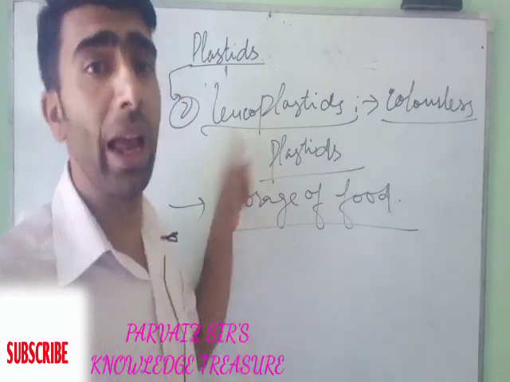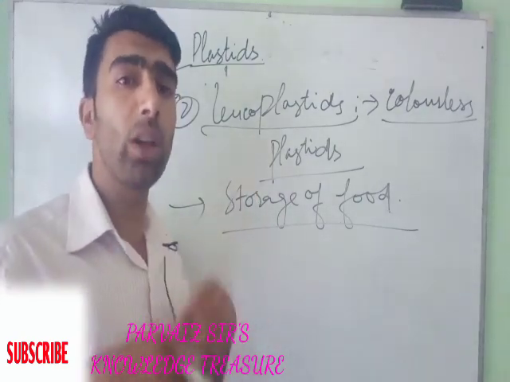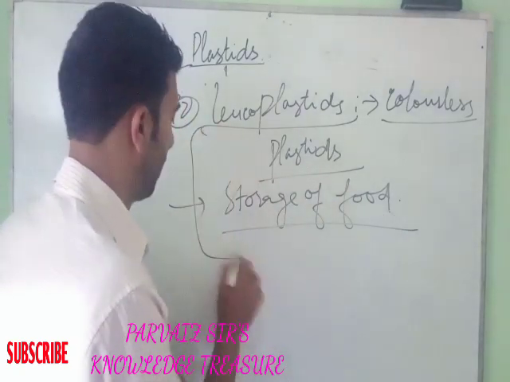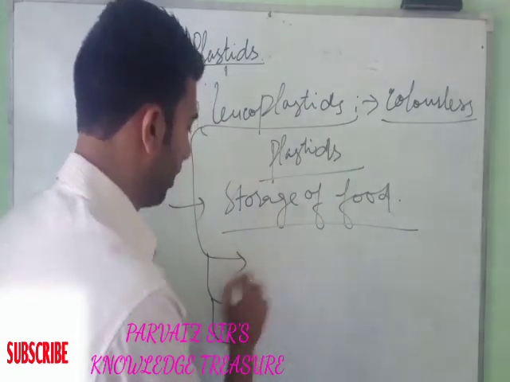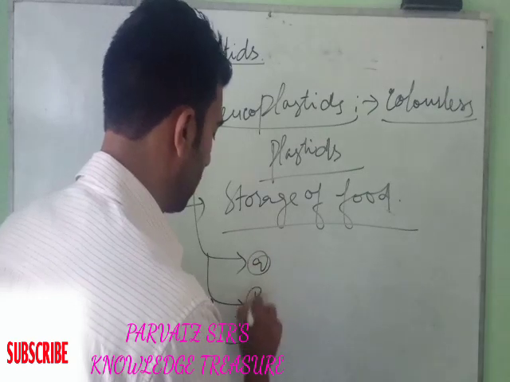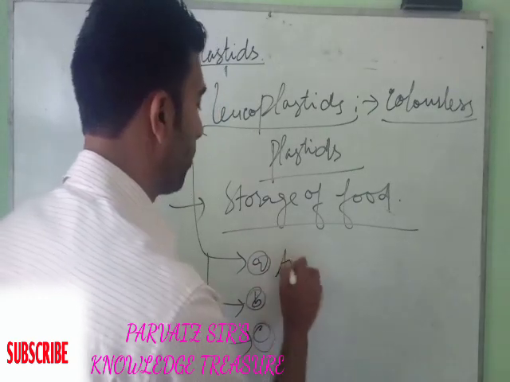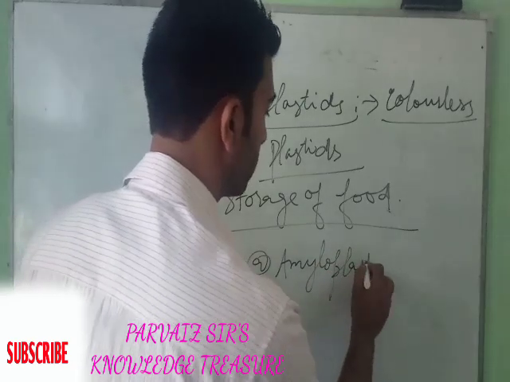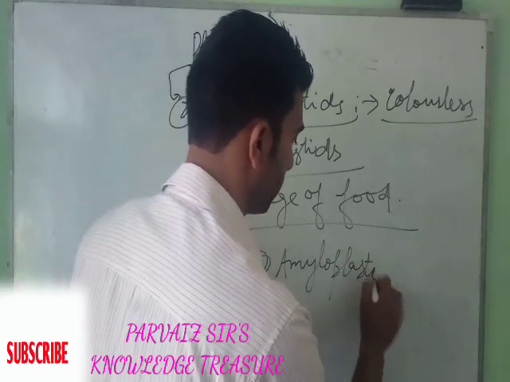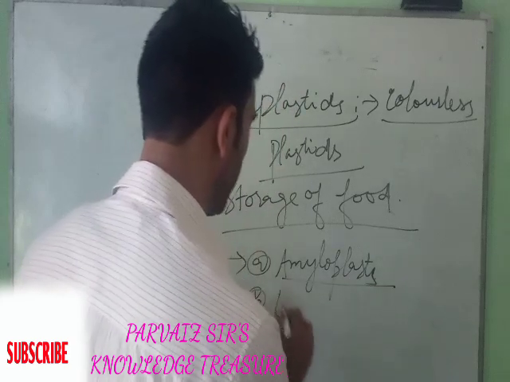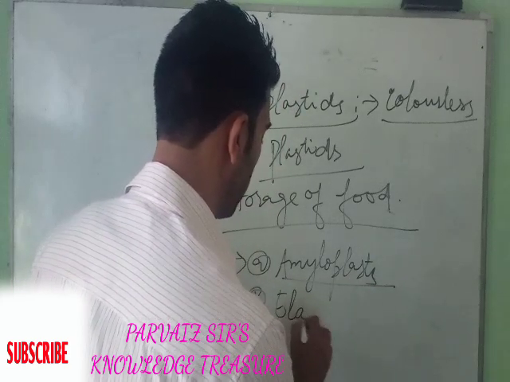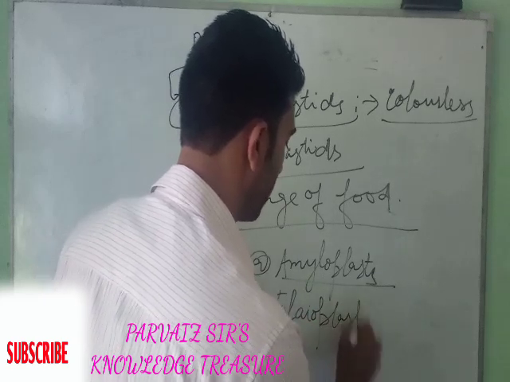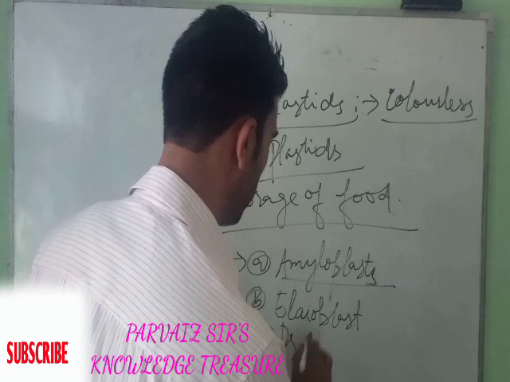They store food, and on the basis of what type of food they store, they are further divided into three types. Number first is amyloplasts, number second is elaioplasts, and number third is proteinoplasts.